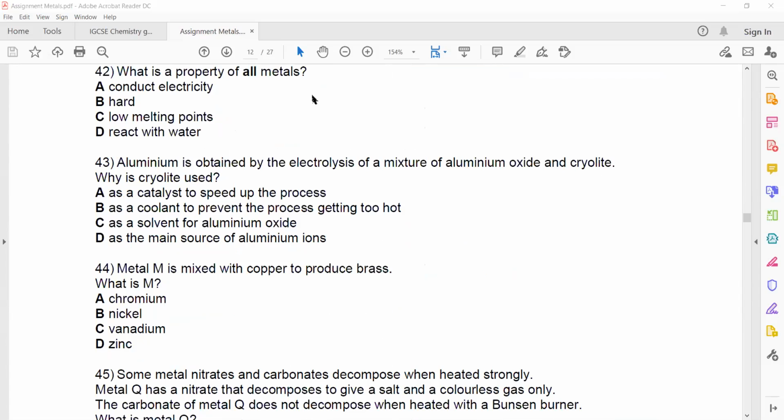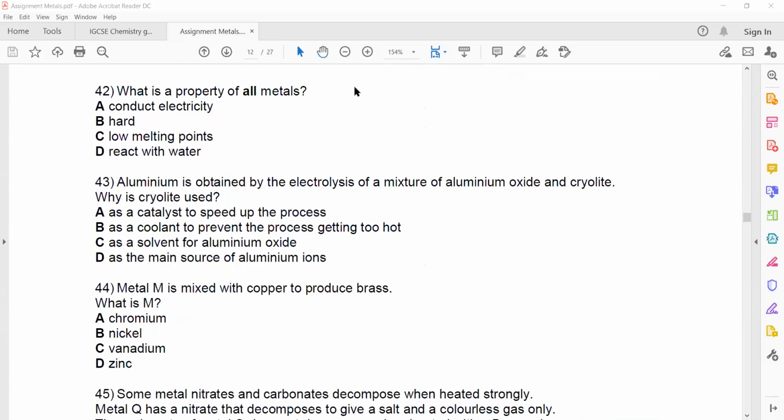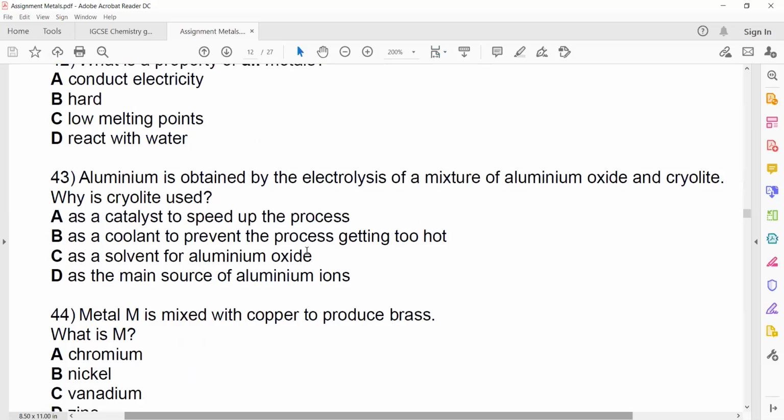Question 43. The purpose of the cryolite: it's used as a solvent to lower the melting point, as a coolant to prevent... no, it's not.